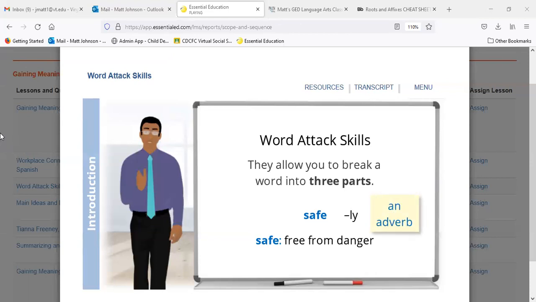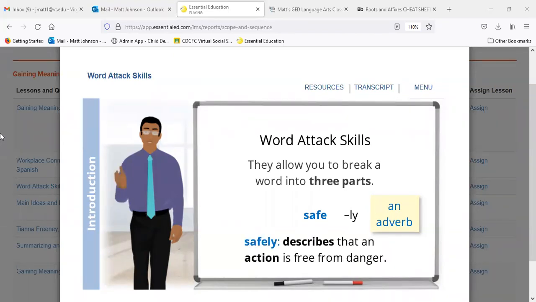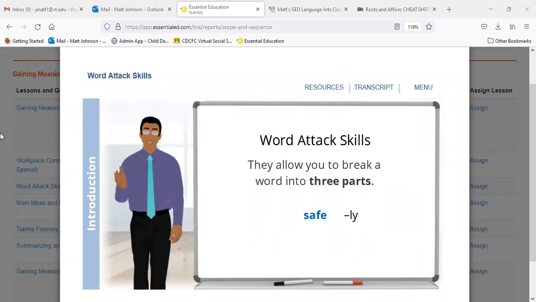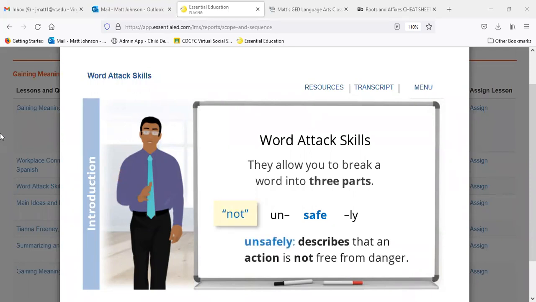So, the word safely describes an action that is free from danger. If you add the prefix "un," it's kind of like putting the word "not" before the word. So the word unsafely describes an action that is not free from danger. Even if you don't know a word, you can guess its meaning based on its parts. That assumes that you know the prefix, root, and suffix used in the word.